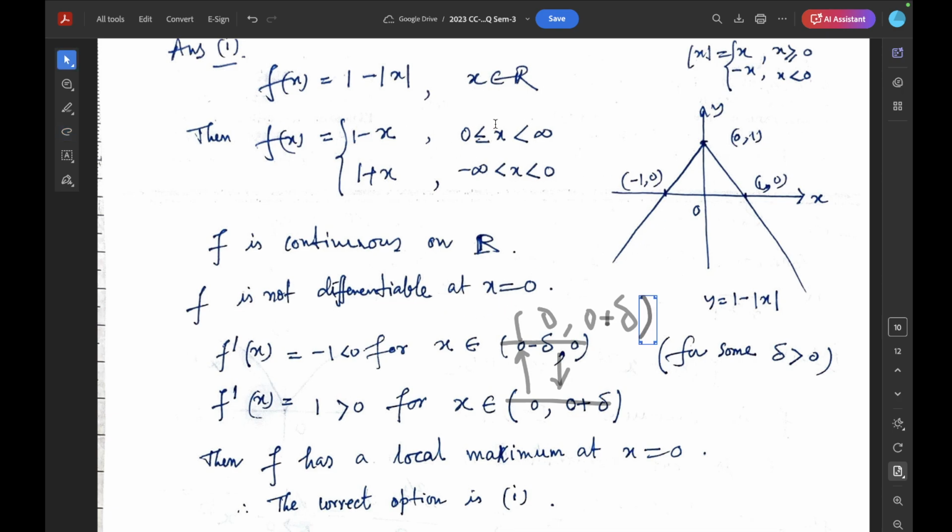This is the right hand interval, and this is the left hand interval, 0 minus delta comma 0.